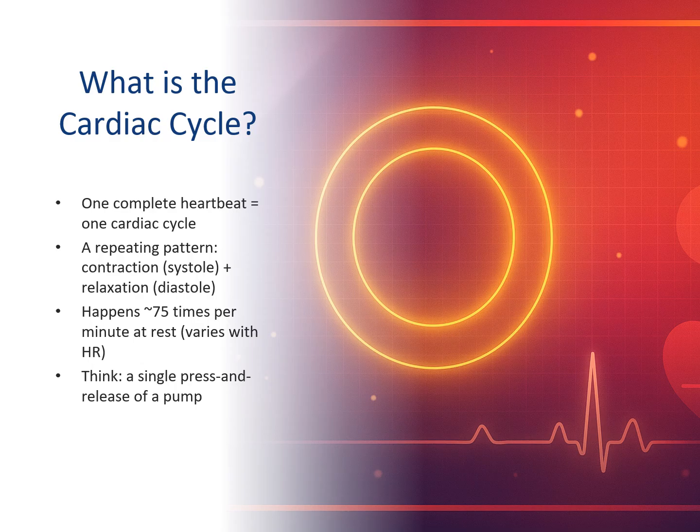At rest, this sequence occurs about 75 times per minute, giving a cycle duration of roughly 0.8 seconds, but it shortens during tachycardia and lengthens during bradycardia. So the timing of the cardiac cycle is dynamic, adjusting automatically to the body's metabolic demand through autonomic regulation.